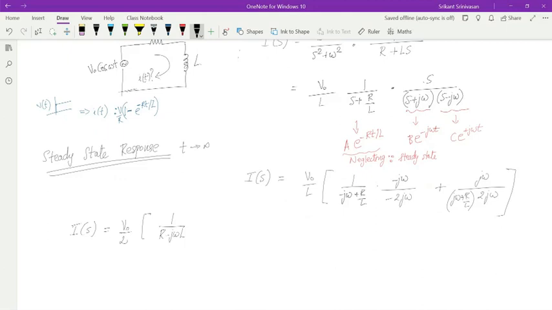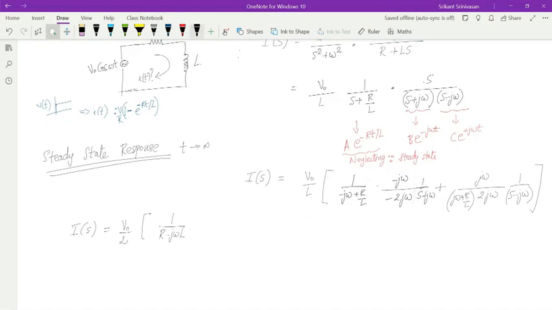What is the term I missed? I should write the original expression. So this is 1 by S plus j omega, and this is 1 by... What I forgot to write is the original terms themselves, because this part is only the residue.